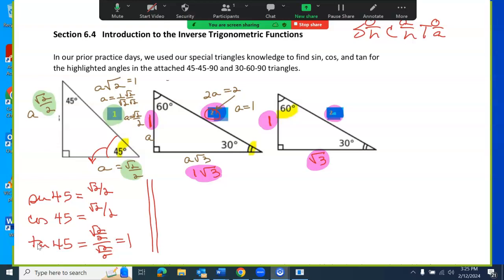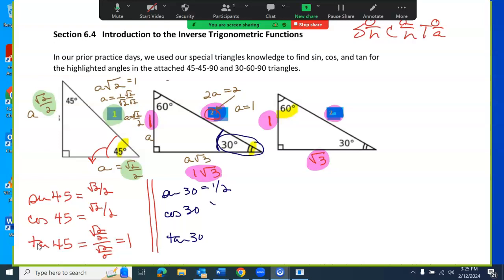Let's now do the 30 degree here. Looking for the same thing: sine of 30, cosine of 30, tan of 30. Okay, from the 30 degree angle perspective, sine is opposite over hypotenuse, that's going to be 1 over 2.